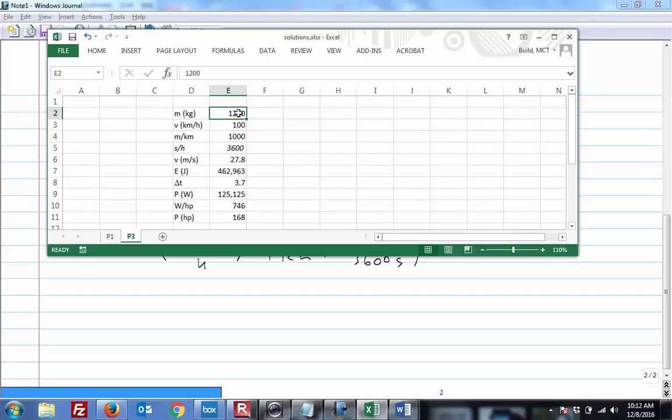And what I'm showing you here are some best practices in Excel. You've got the dimension of mass, basically, and you put the units in kilograms. You've got the dimension of velocity, if you will. We've got that in kilometers per hour. That's 100.